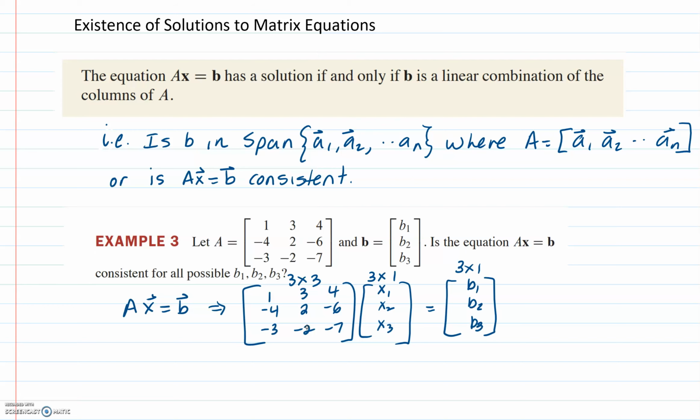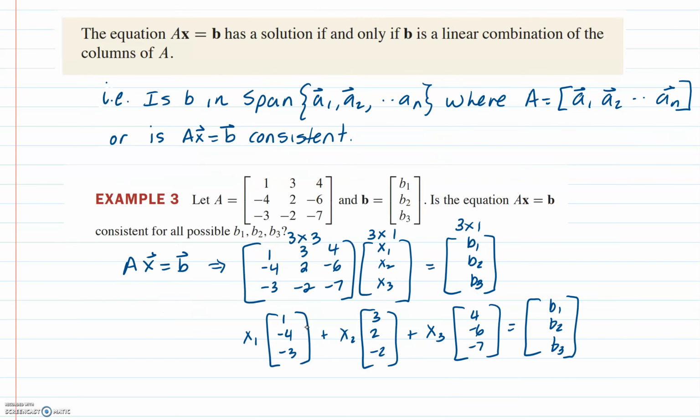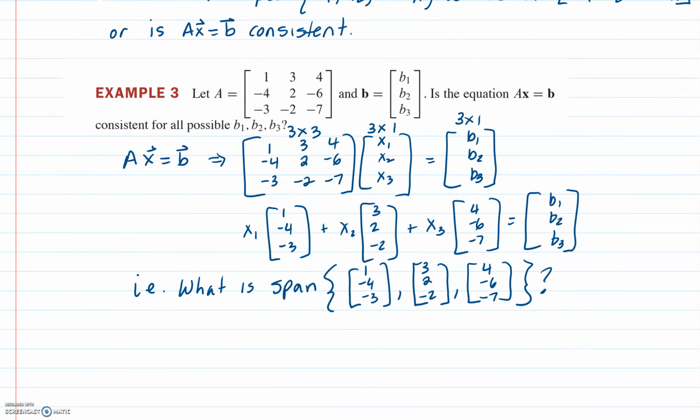And if you multiply this out, we get a linear combination of the columns of A, where x1, x2, and x3 are the weights. And we saw from the last section, this question, finding all possible values of B1, B2, B3, and this vector equation finds the span of the columns of A. So let's go ahead and do that. What is the span of the columns of A?